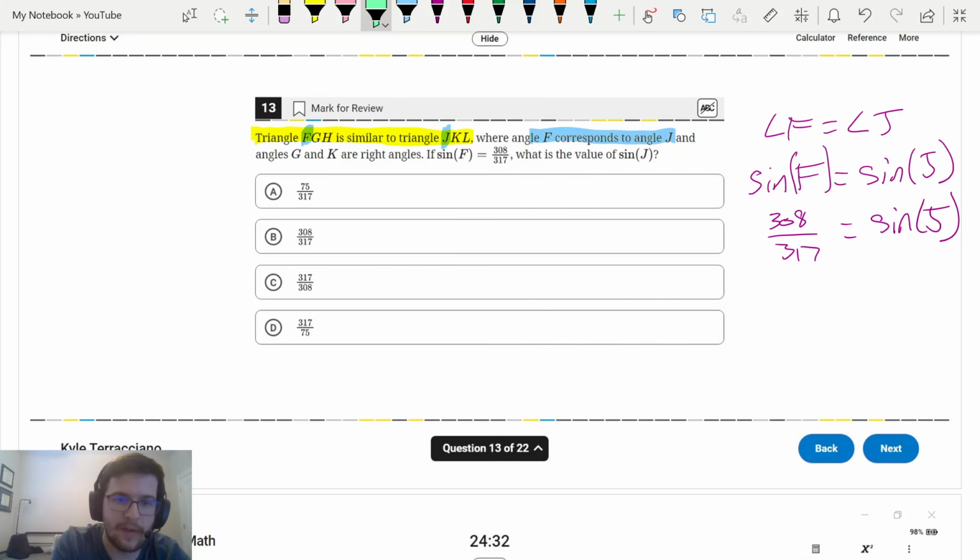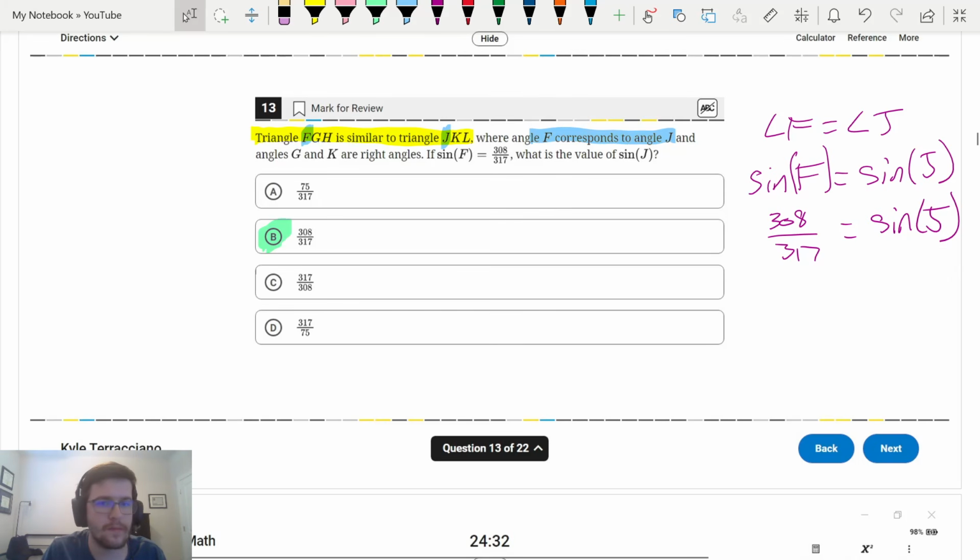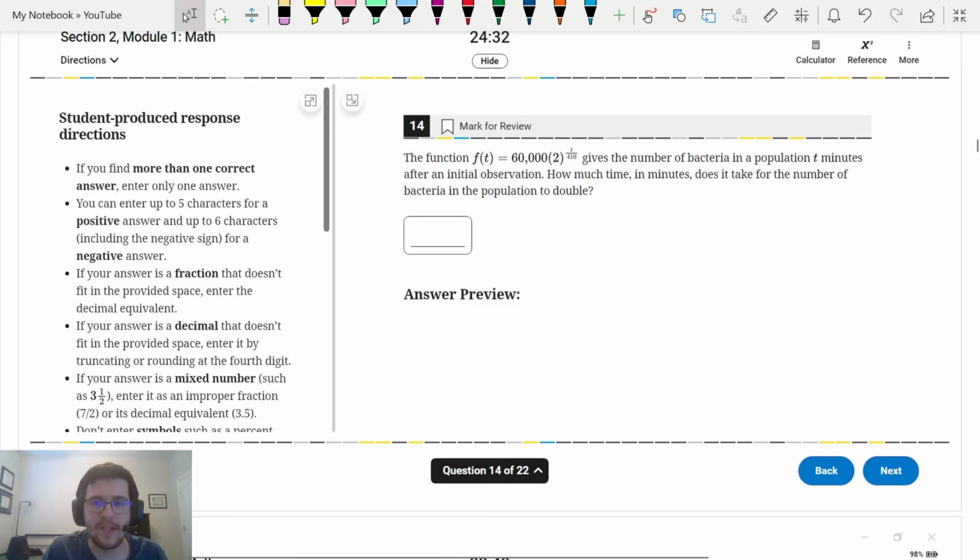That's it. You don't have to do any work for this question. You just have to understand the similarity statement. If two corresponding angles are equal, their trig ratios are also equal. All right, so 13 is good. All right, 14.